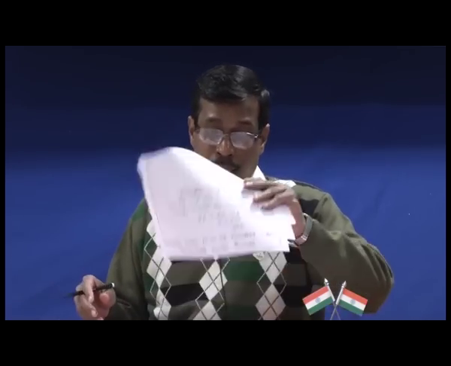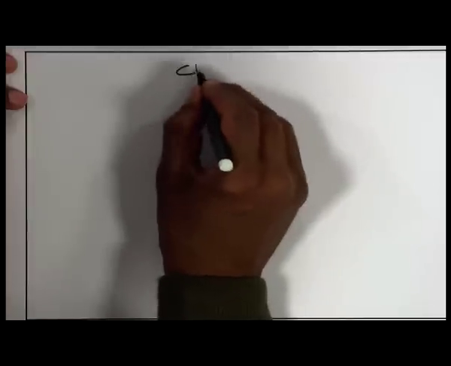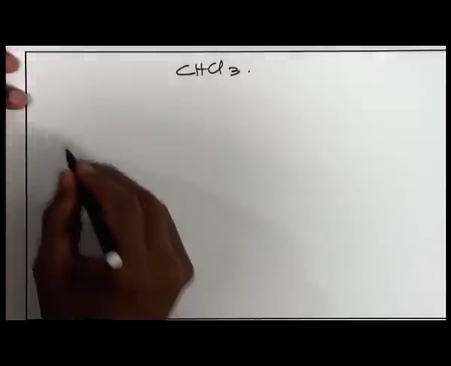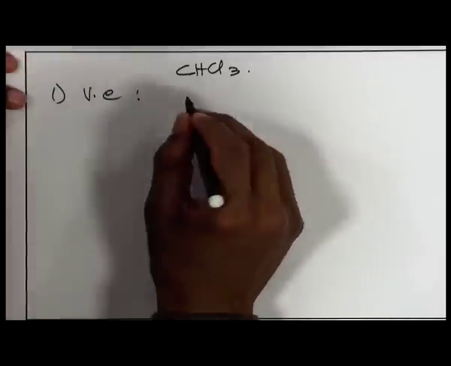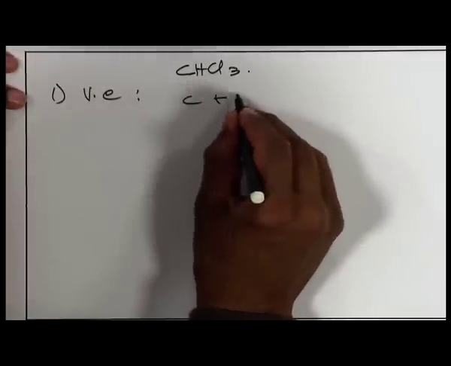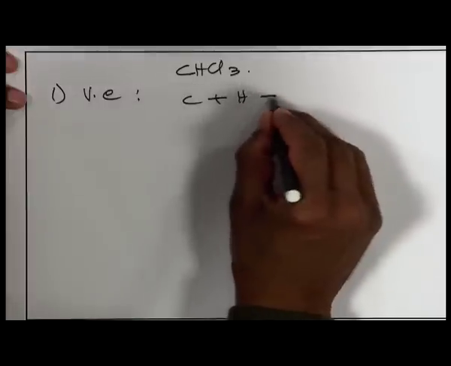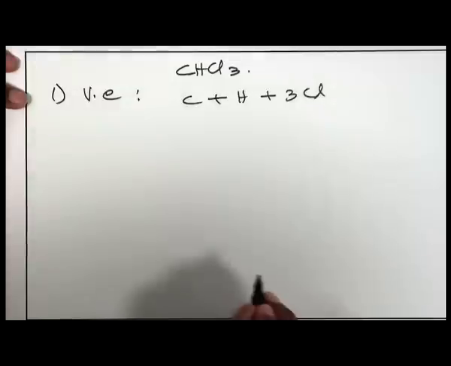Let us see an example of how to draw a Lewis structure for chloroform, CHCl3. The first step is the valence electrons. How to do that? There is carbon, there is a hydrogen, plus there are 3 chlorine atoms.